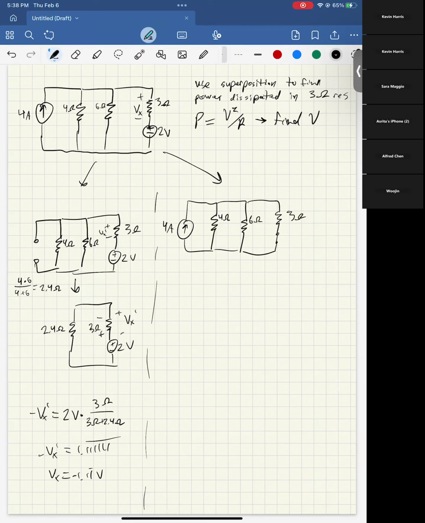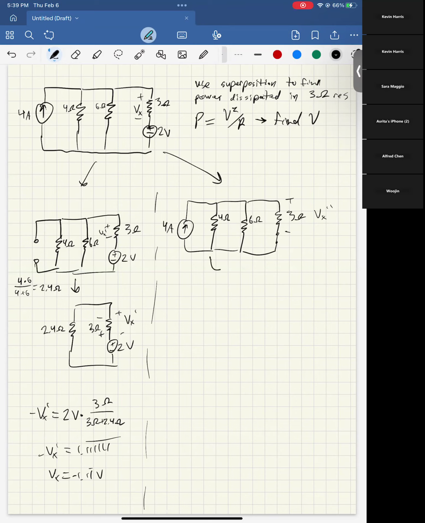And then here we want to find the same thing again, so we want to find that Vx prime prime. I know I said earlier we don't want to mess with the 3 ohm resistor here, but actually in this case you can, because remember, things in parallel have the same voltage across them.